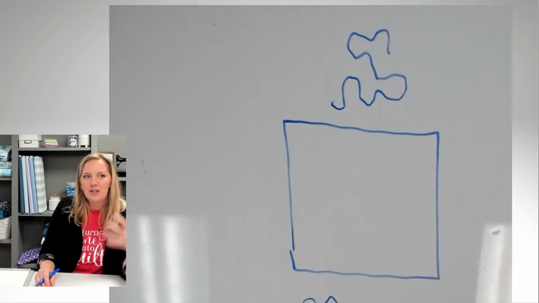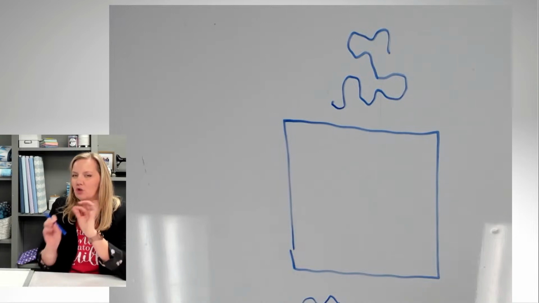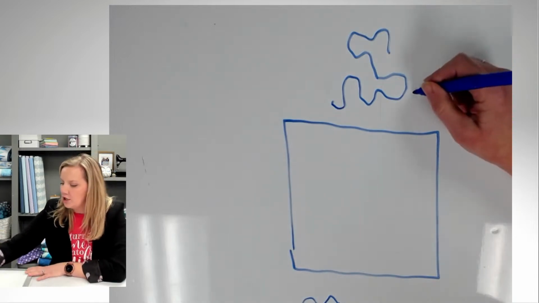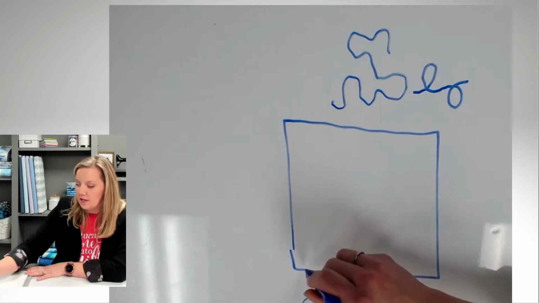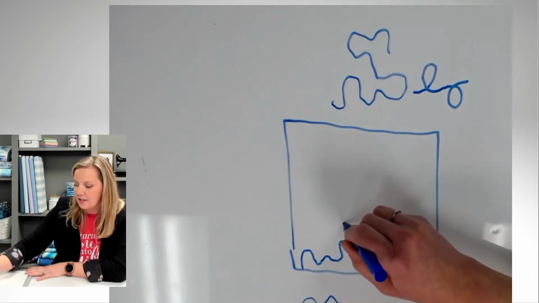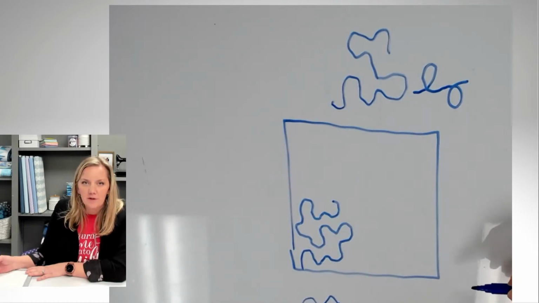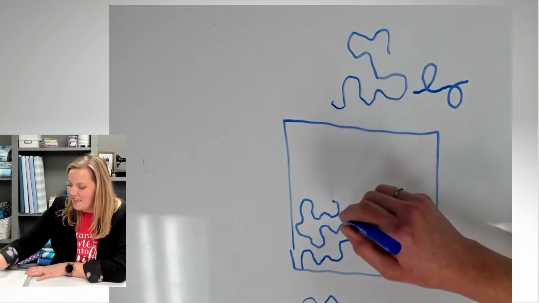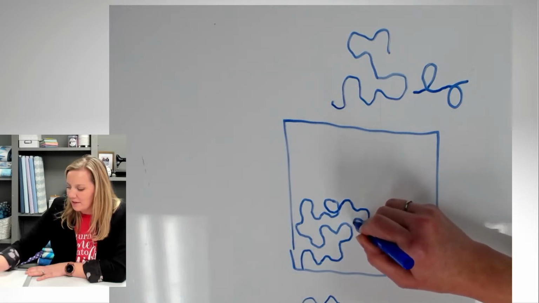But maybe you want to start building past that. Maybe you want to just stretch just a little bit. Maybe you want to start doing some loops. Okay, so what we're going to do is we're going to fill in our area. We're going to start with a design that we like to quilt because we're comfortable. And if you're like, I'm not even comfortable with one design, well, practice that design until you get comfortable with it. And then every once in a while, whenever you're ready, you can throw in a different shape, right?